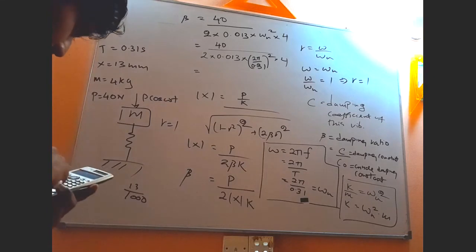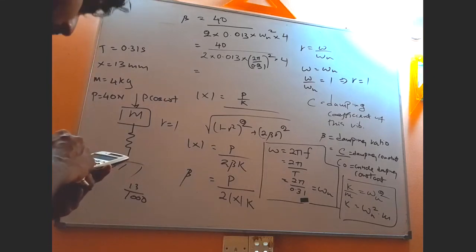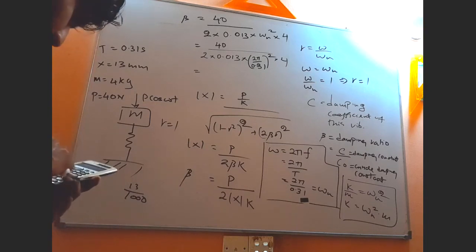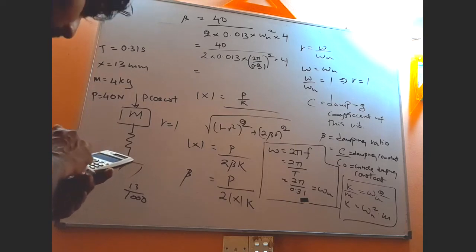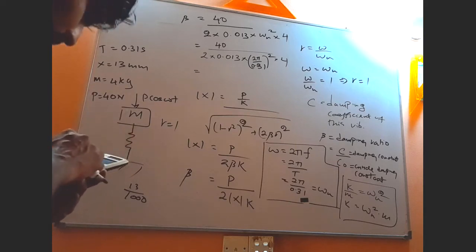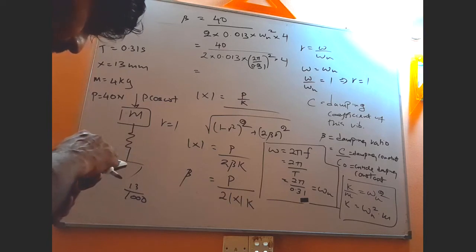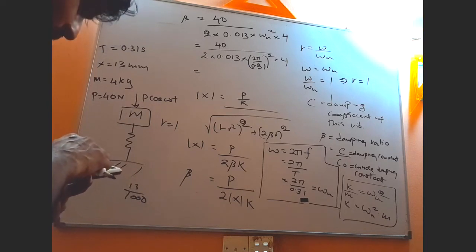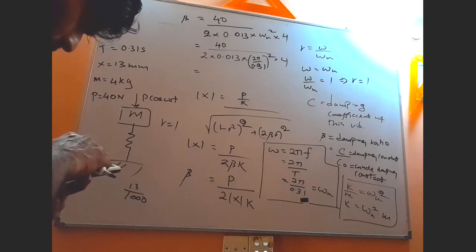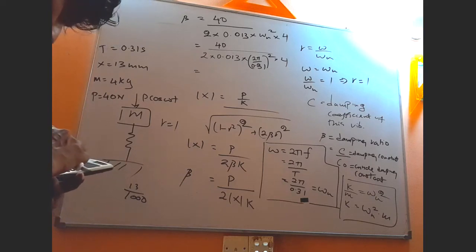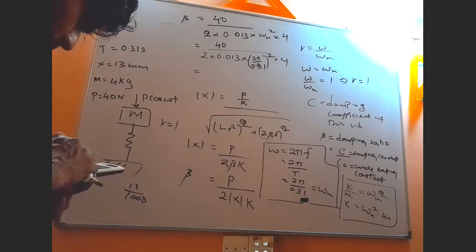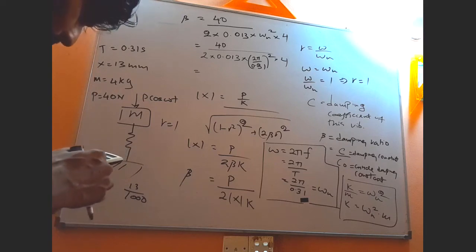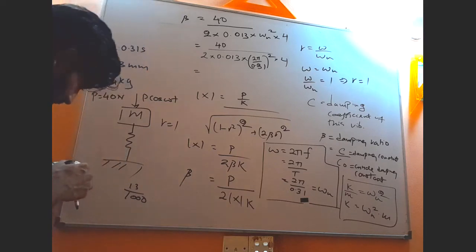Let's find that: 2 pi divided by 0.31 gives 0.936.